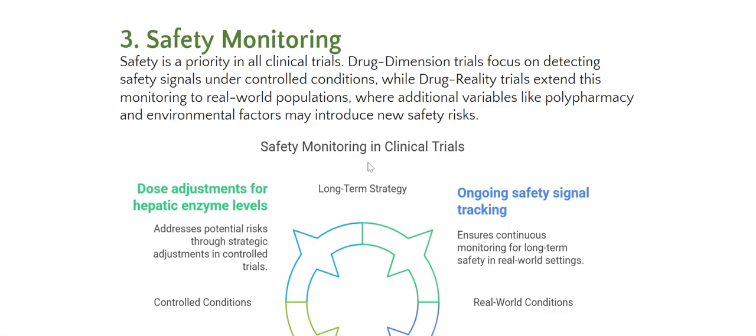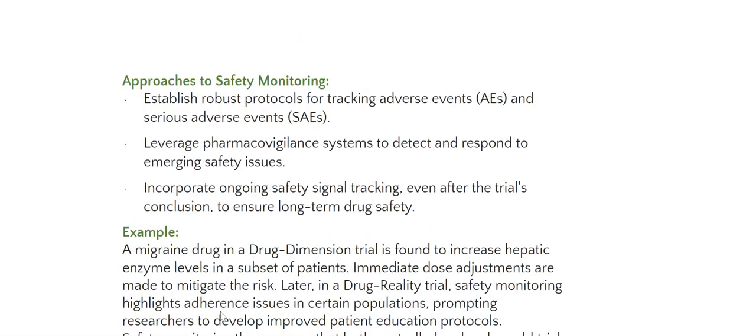And here is a summarized diagram on safety monitoring in clinical trials: dose adjustments for hepatic enzyme levels, protocols for tracking AEs and SAEs, ongoing safety signal tracking, and improved patient education protocols. And we have here the four areas divided by long-term strategy, real-world conditions, immediate response, and controlled conditions.